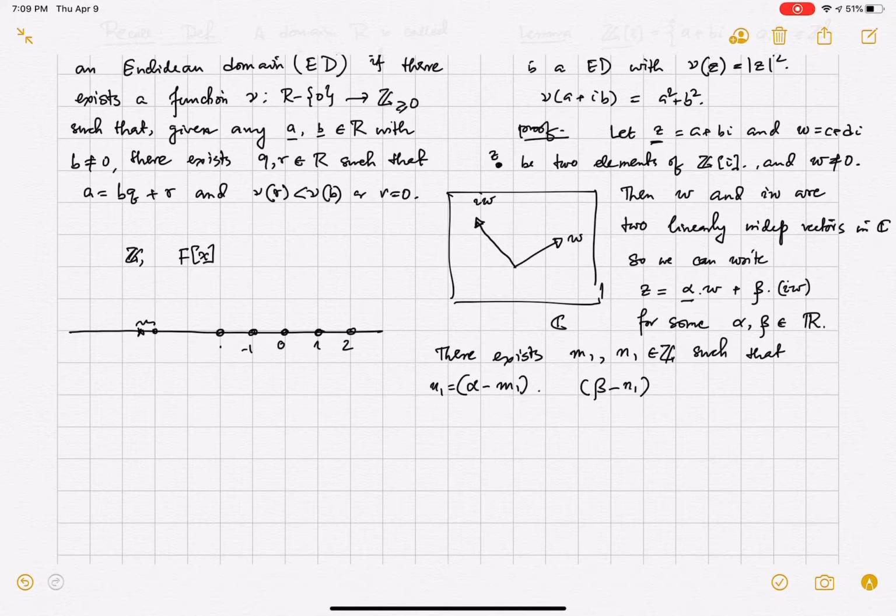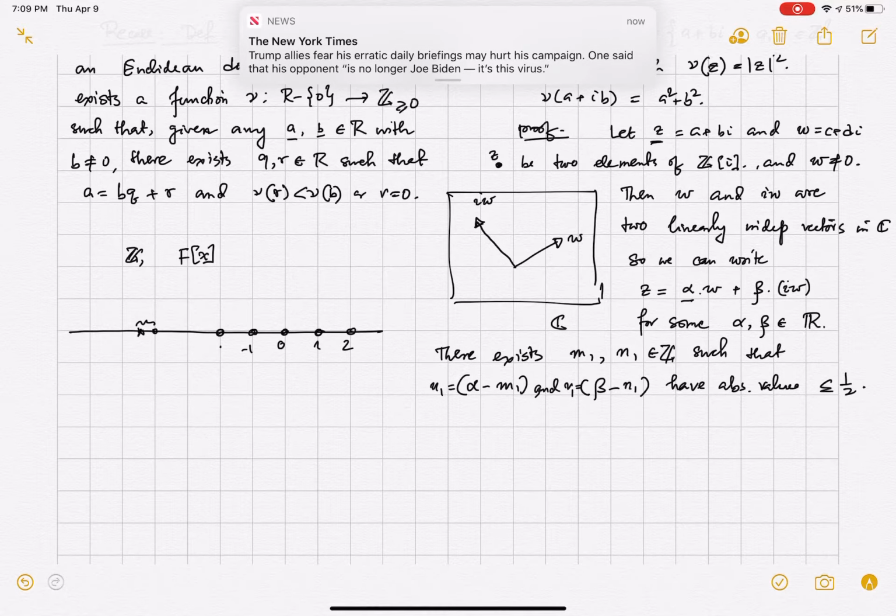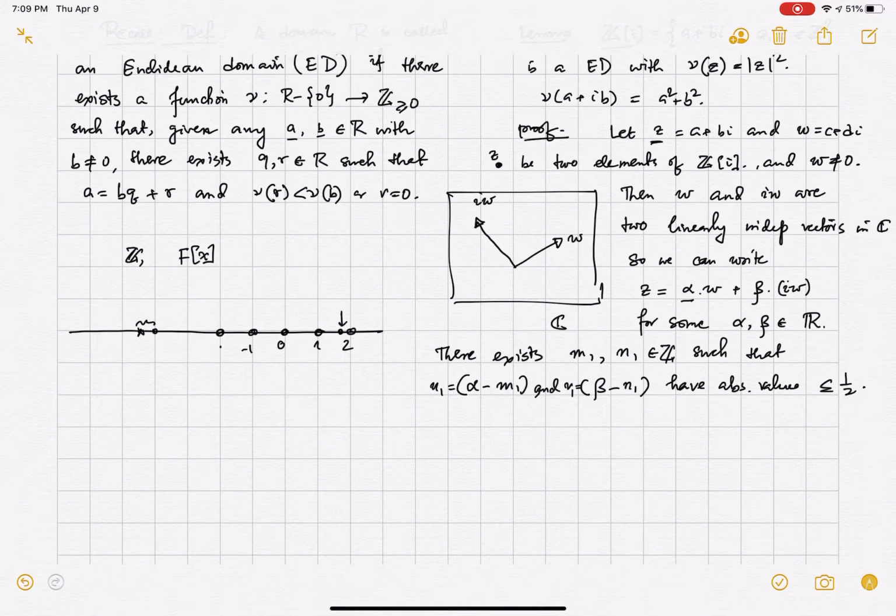We'll call them u1 and v1. Okay, so if you give me an alpha that is here, then I'll choose 2. If you give me an alpha that is here, then I'll choose -1, etc.